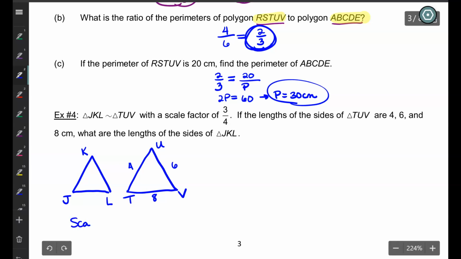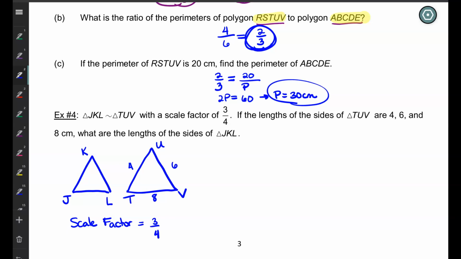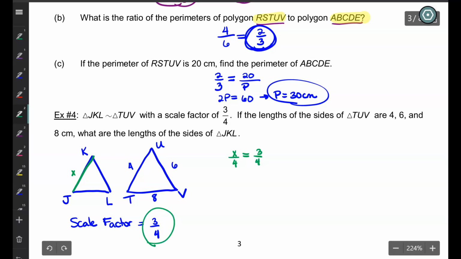So again, if we know the scale factor is 3 to 4, I can find each side. So let's say I want to find this side here, JK. So I can do x over 4 equals 3 over 4, because that's my scale factor. And of course, cross multiply, or you can just recognize x has to be 3. So one of the sides is going to be 3.